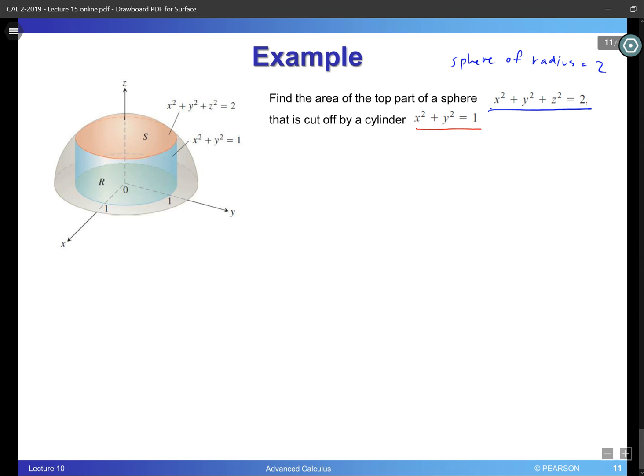So we have this sphere, and then it got cut off by this cylinder. It's like we have this sphere, and then we put a tube all the way through from the top, and then what comes out is this surface, just this part.